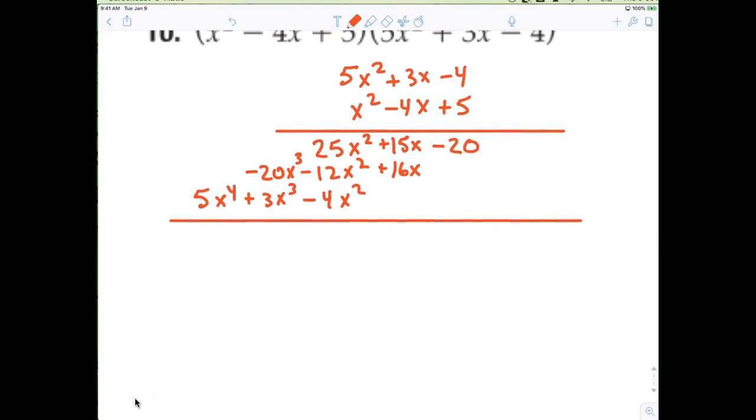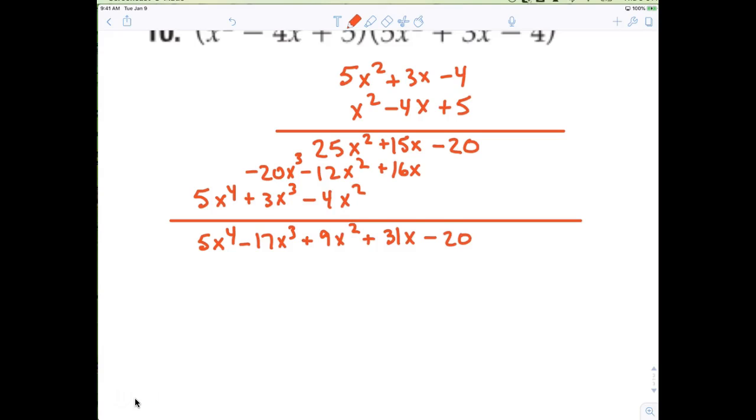So here we go. 5x to the fourth minus 17x cubed. What is that? Positive 9x squared plus 31x minus 20. Like I said, that looks tricky, looks hard. It's very simple.